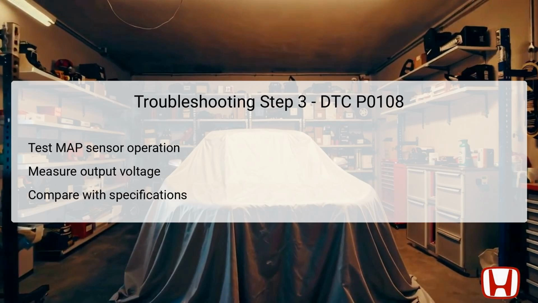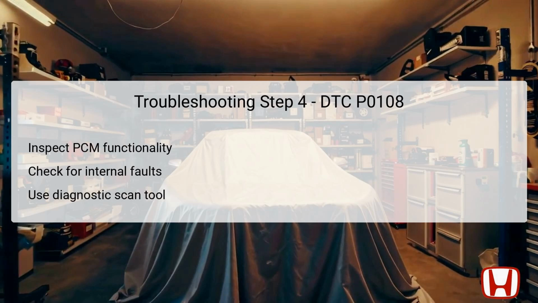Comparing these measurements against the manufacturer's specifications is crucial to determine if the sensor is operating within acceptable limits. If the readings exceed the specified thresholds, the sensor may be malfunctioning and require replacement. It is essential to ensure accurate measurements, as faulty readings could lead to incorrect conclusions or unnecessary repairs.